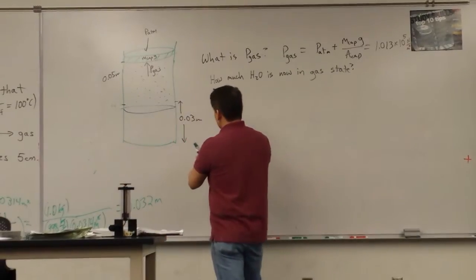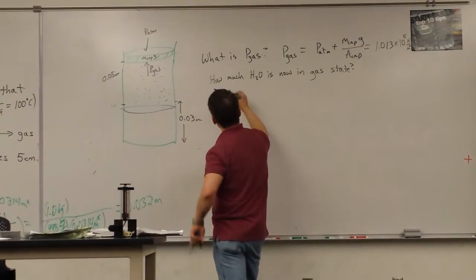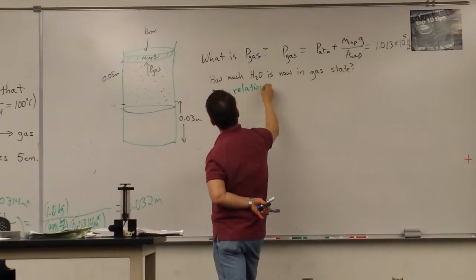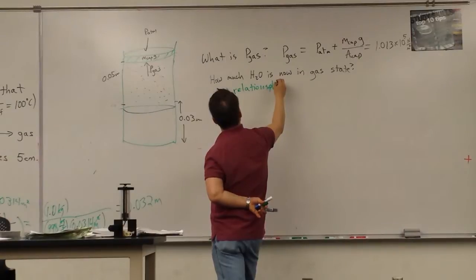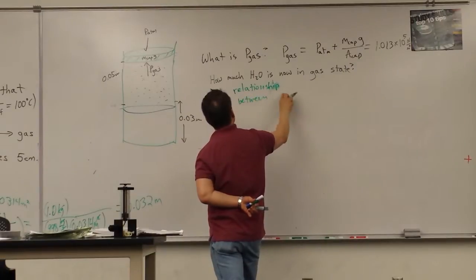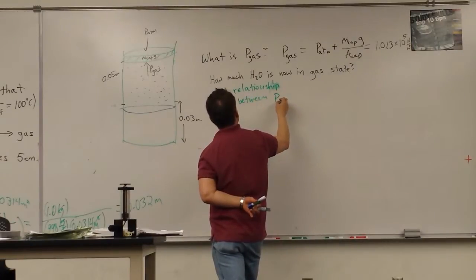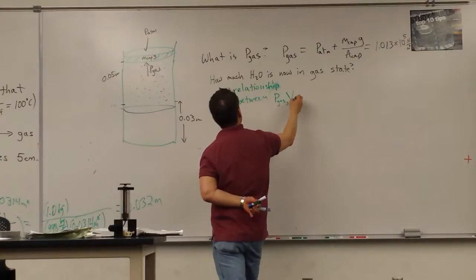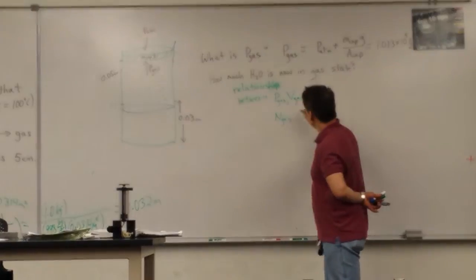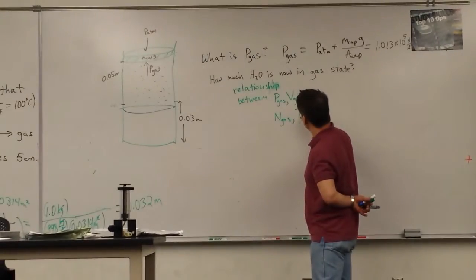So we will start by introducing the ideal gas law. And what we have here is the relationship between the pressure of a gas, the volume of a gas, the numerical quantity of a gas, and the temperature of the gas in Kelvin.